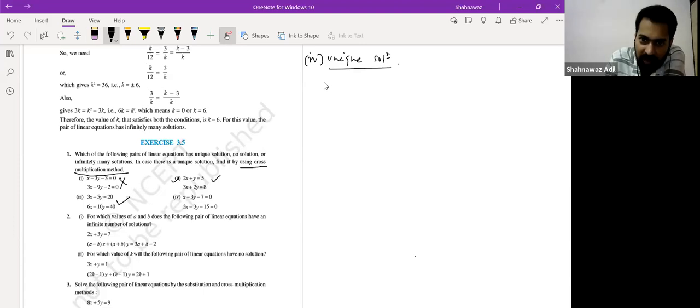So what is A1? A1 is 1, B1 is -3, and C1 is what? -7. And A2 is what? 3, and B2 is what? -3, and C2 is -15.